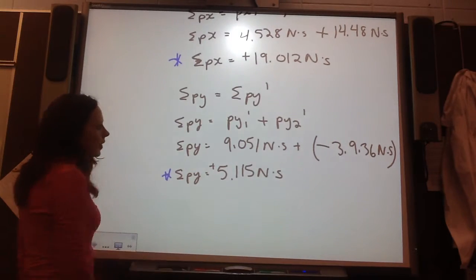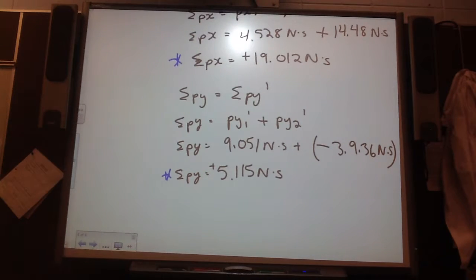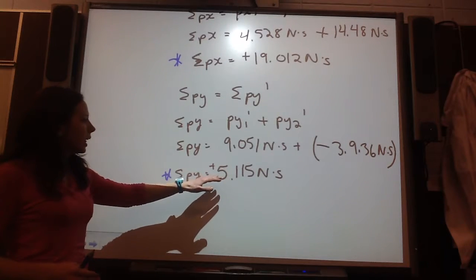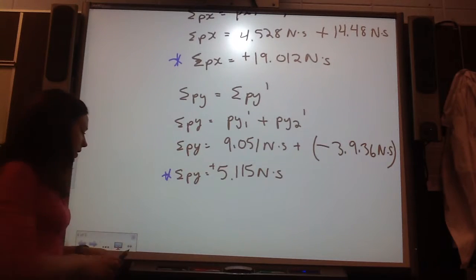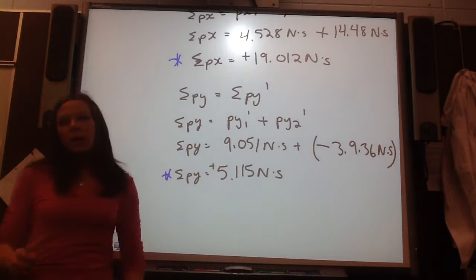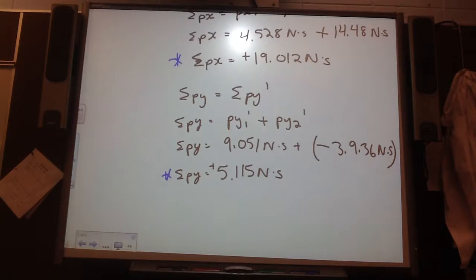Okay. So now we take these two values and we say everything from the beginning has to add up to this and this as its vectors. Now, in the beginning, one of our objects was just stationary, so its p was 0. So all of this will apply to the first object's movement. Okay?